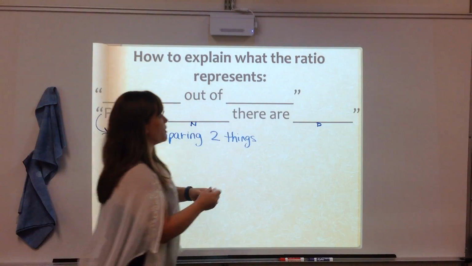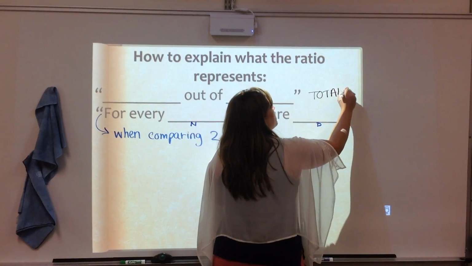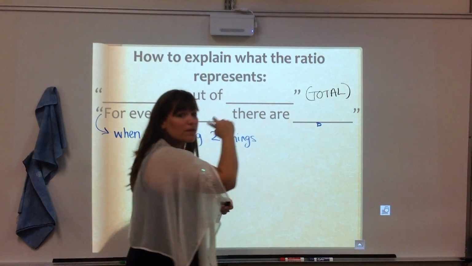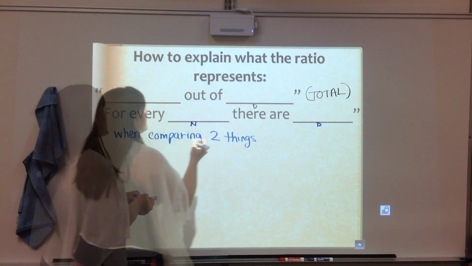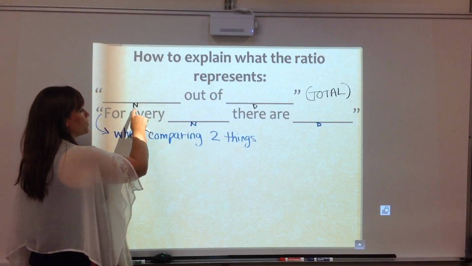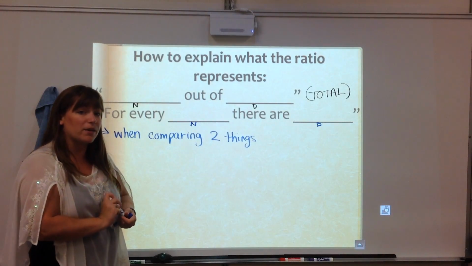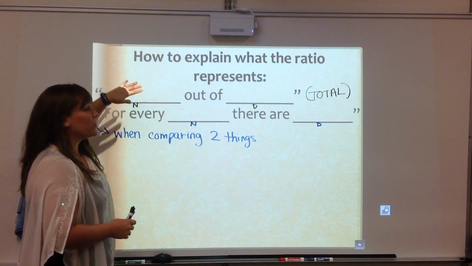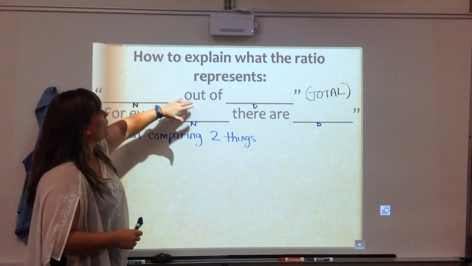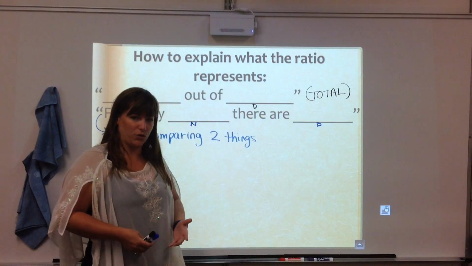And so I'd like you to write the word total to the right to remind yourself that that first quotation is for when you're dealing with a total. If you are showing with fractions, you're going to write an N and a D underneath. The first thing being compared. So for our example, it was circles. There are 4 out of the 9 shapes. What are they? They're circles.